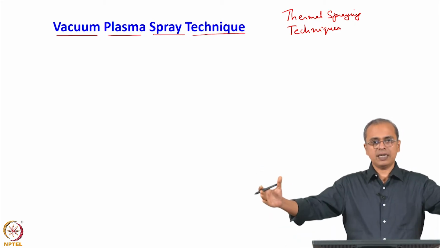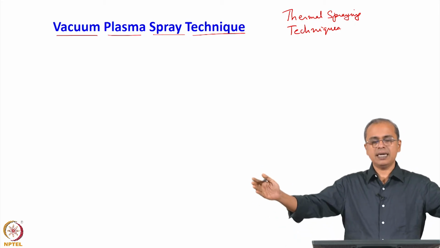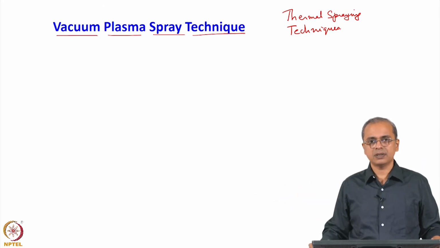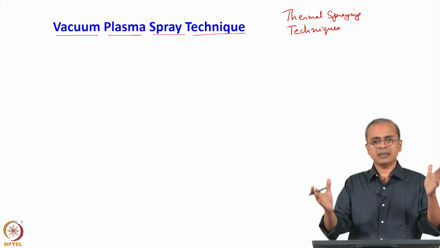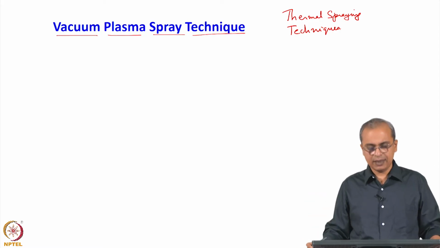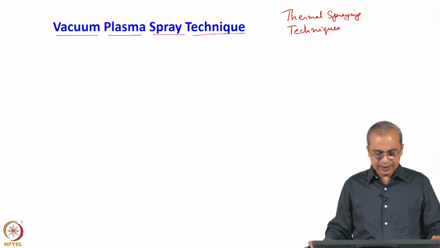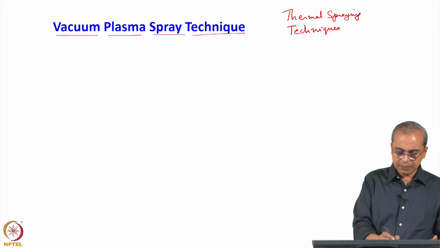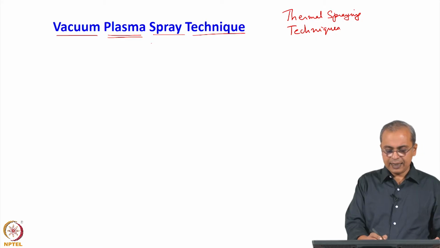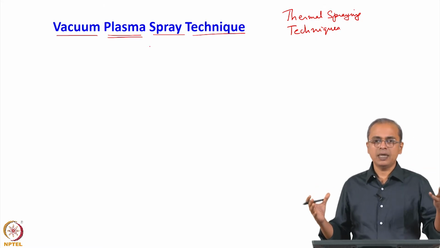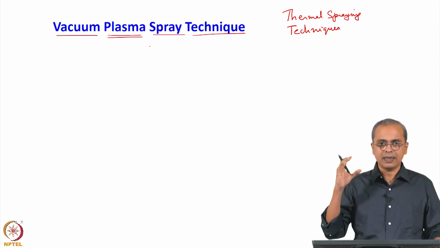The chambers are actually quite large, and inside the chamber you can set up the process that you want, and the samples that you get are samples that you can easily handle in your hand. The general idea is this: we are using a plasma, generated using a gas, an anode and a cathode.